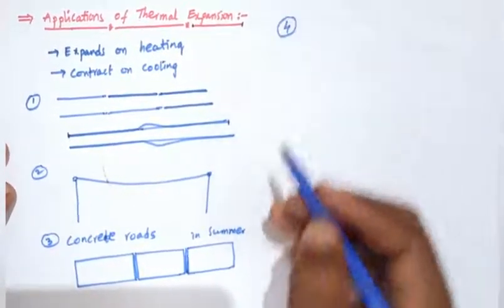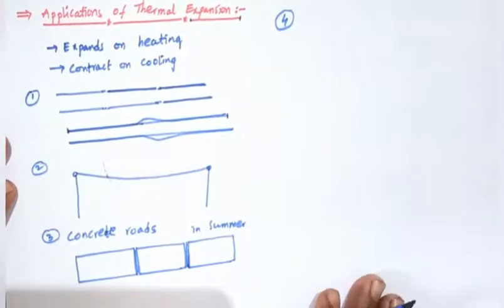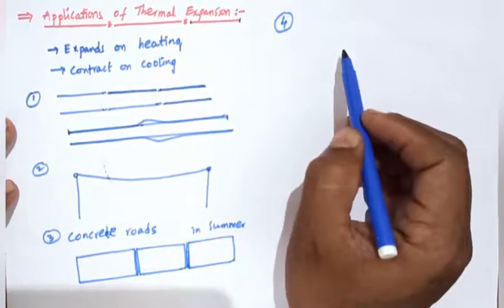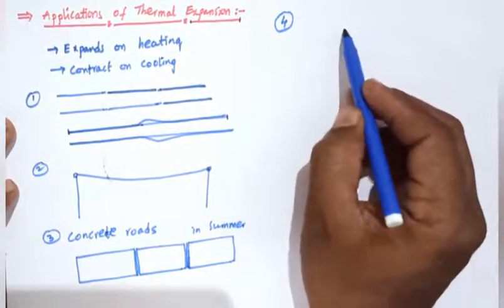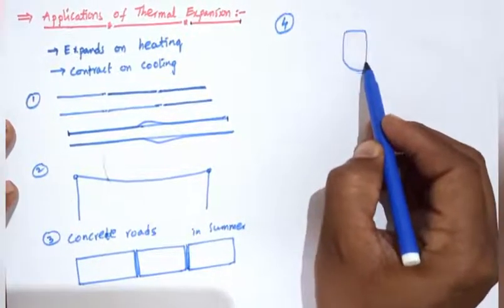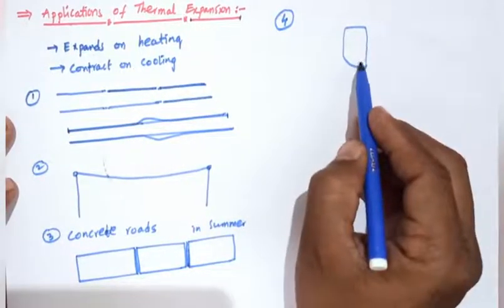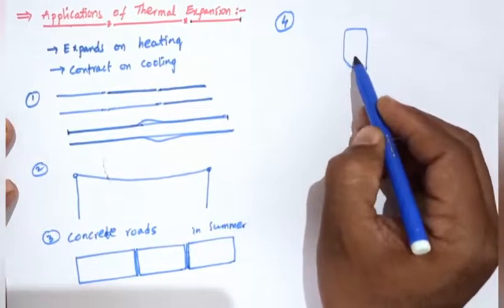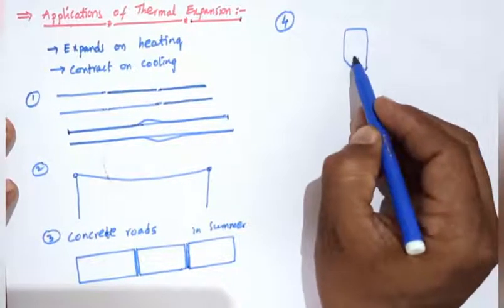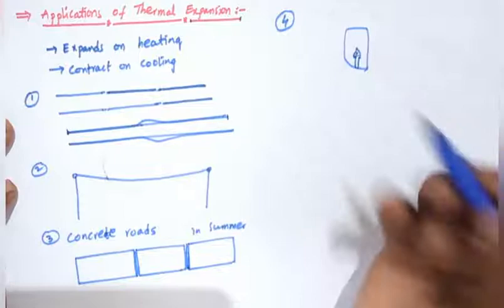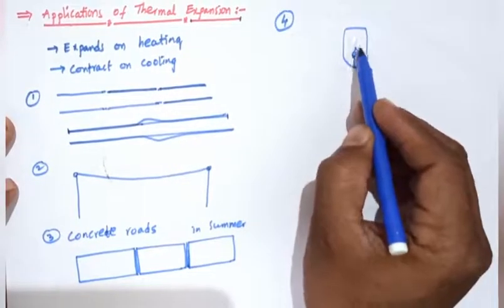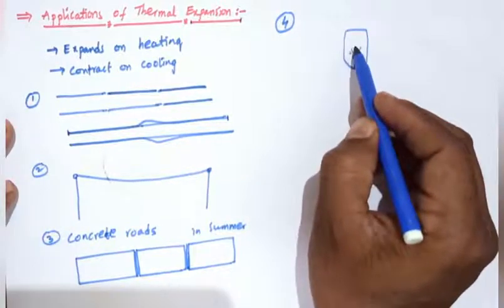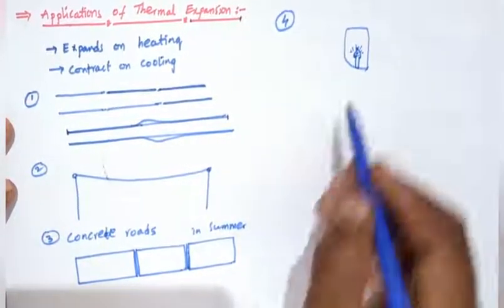And the fourth one is a glass chimney. When the glass chimney is lit, the temperature increases. It fires and provides light and heat.